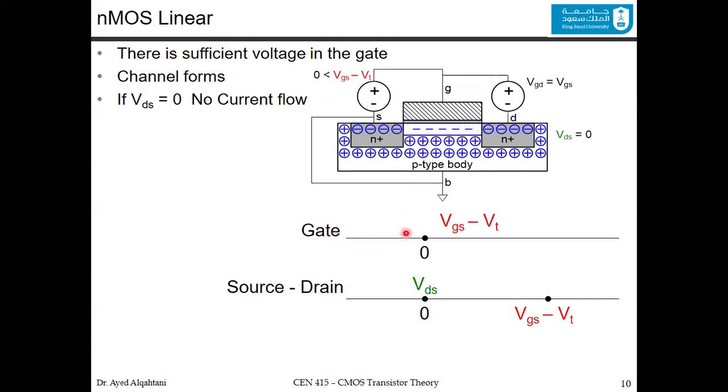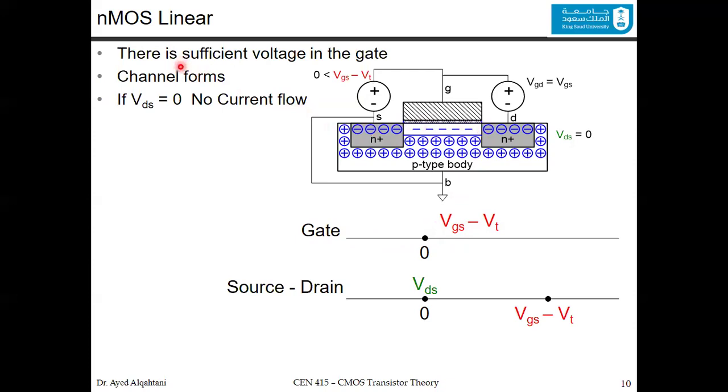Notice in the simple timing diagram here, the gate voltage line, let's say. When VGS minus V threshold is larger than 0, we are moving to this region. Now we can say that there is actually something forming below the silicon oxide.